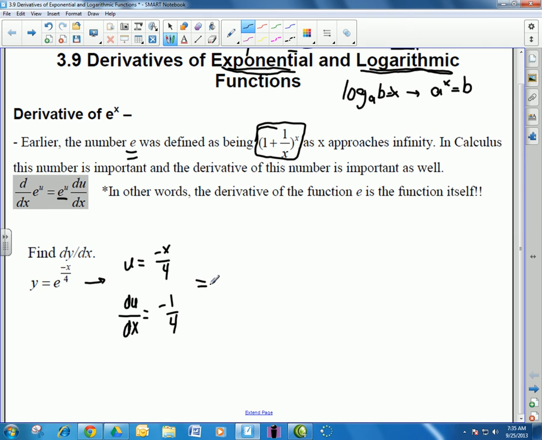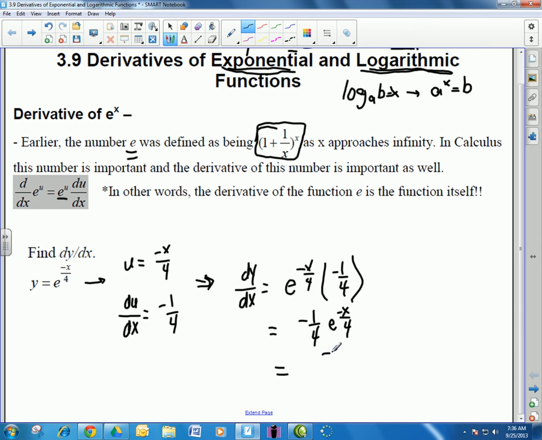So then our derivative, dy over dx, is e to the negative x over 4 times the derivative of our exponent, which is negative 1/4. You can rewrite that as negative 1/4 e to the negative x over 4.